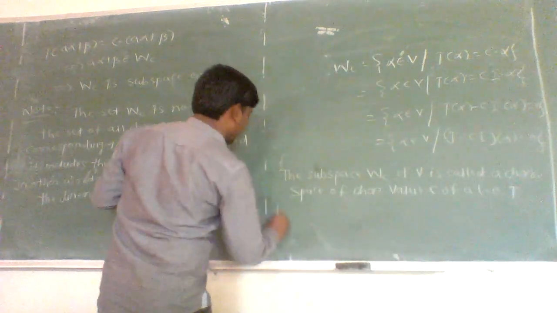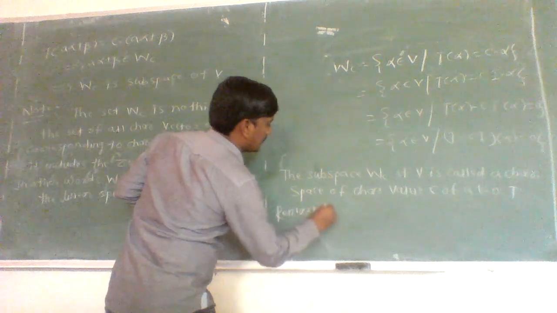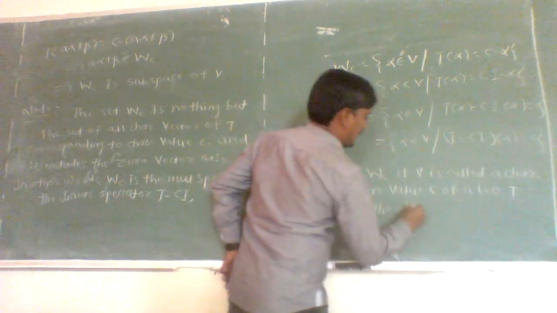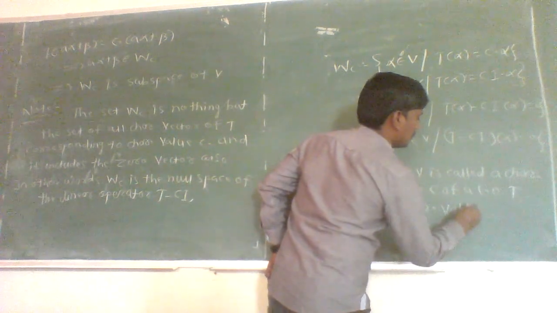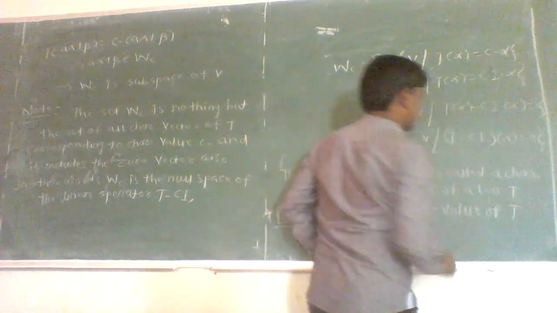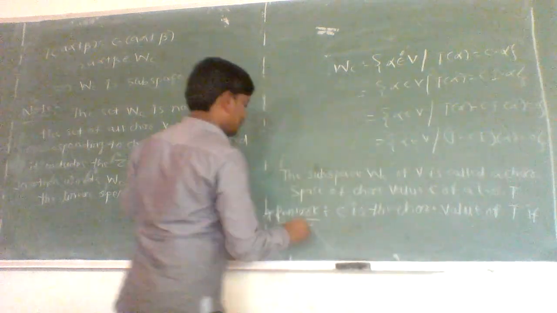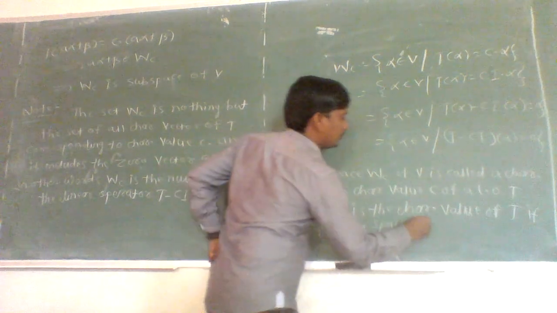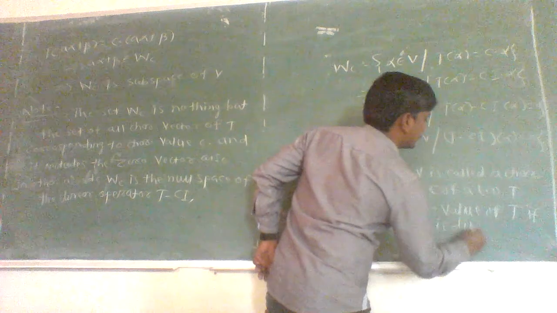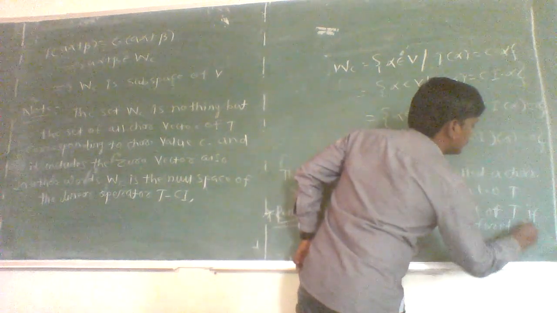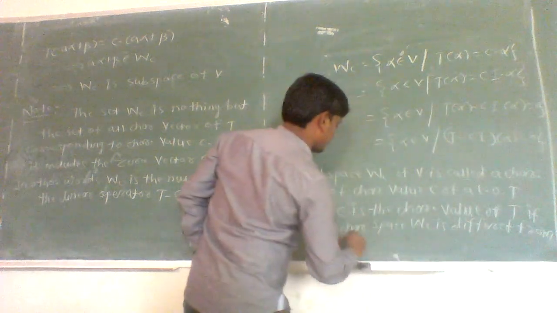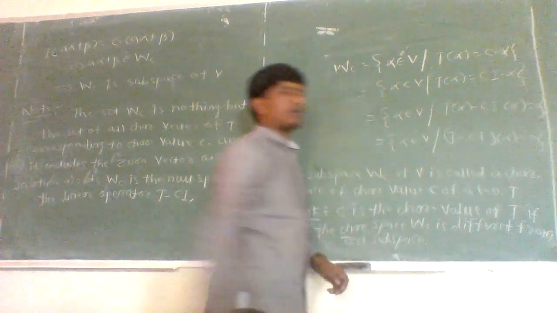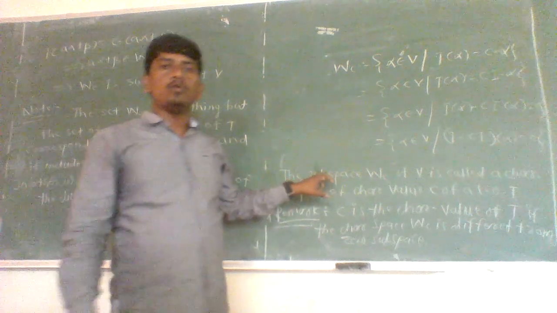Okay. There is one important remark. C is the characteristic value of T if the subspace, or the characteristic space WC, is different from the zero subspace, since for a characteristic vector we require one alpha which is not equal to 0.